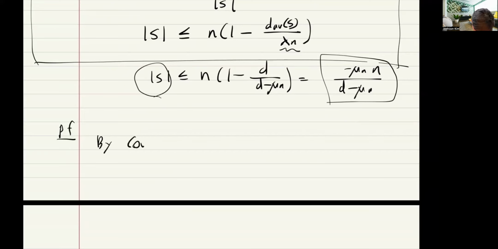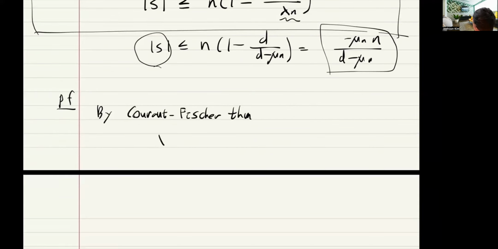So by Courant-Fischer, we have that this lambda n is the maximum over all vectors of the Rayleigh quotient of the Laplacian. And so if we take a specific vector, then its Rayleigh quotient is at most lambda n.